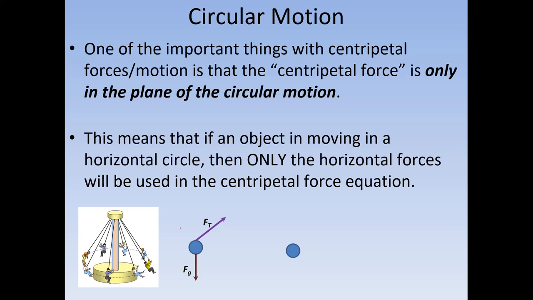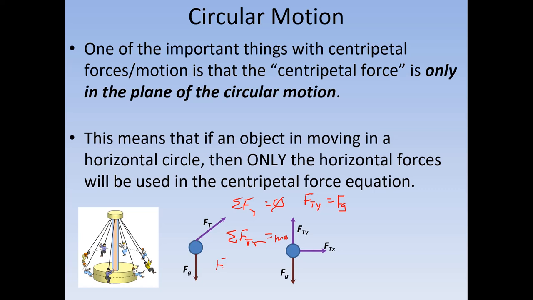So then what I would do is break up that tension into an X and a Y component. Now, because I'm moving in a horizontal circle, I know that the horizontal forces are going to end up being my centripetal force. Now, normally, if I was going to solve this problem, I would have done sum of the forces in the y direction equals 0 to get FTY equals FG. And then I would have said, okay, well, the sum of the forces in the x direction, because they're unbalanced, should be equal to MA.